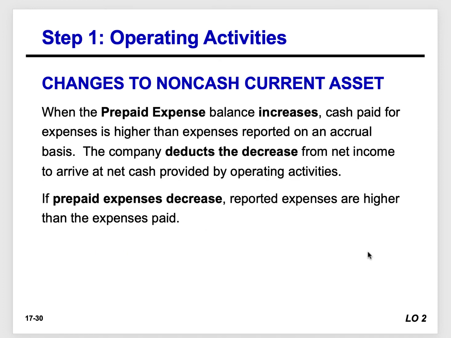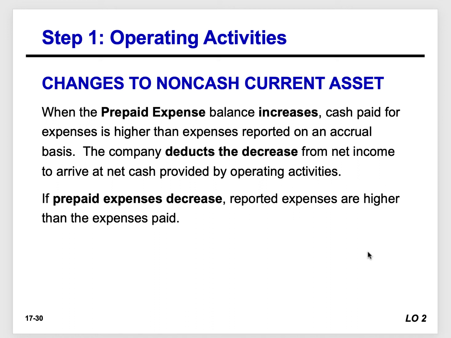Okay, when we're looking at prepaid expenses, right? Prepaid expense is a non-cash current asset, right? When the balance increases, what happens? Well, the cash paid for the expense is going to be higher than the expenses that are reported on the accrual basis, okay? So what do we need to do? We need to deduct the increase from net income to arrive at the net cash provided by operations, right?